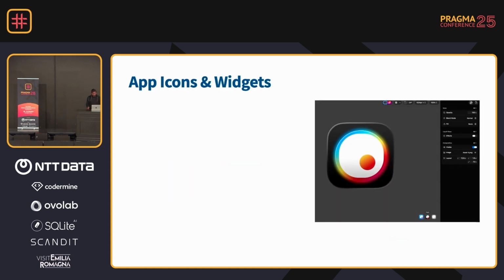Next thing is app icon and widget. Make sure to ask your designer to give you at least 2 or 3 layer icons. So most of the time your designer will send you a PNG file of 1024 by 1024, but make sure to now ask for a 2 or 3 layer icon. So you need to compile these icons into different variations.